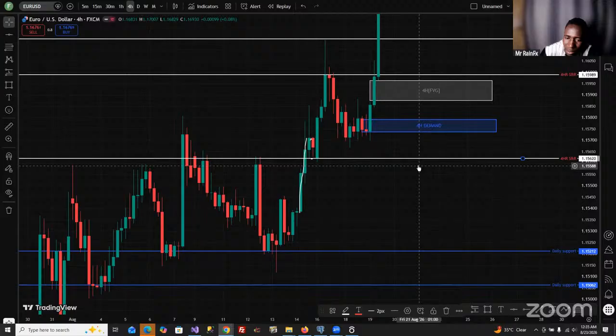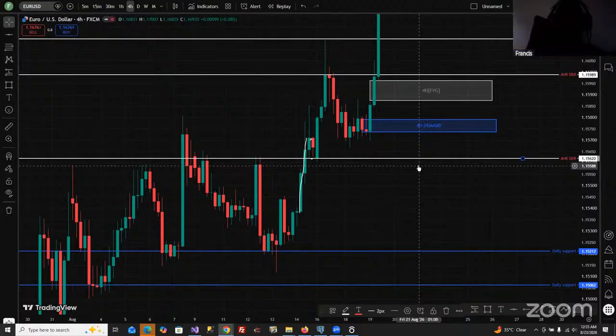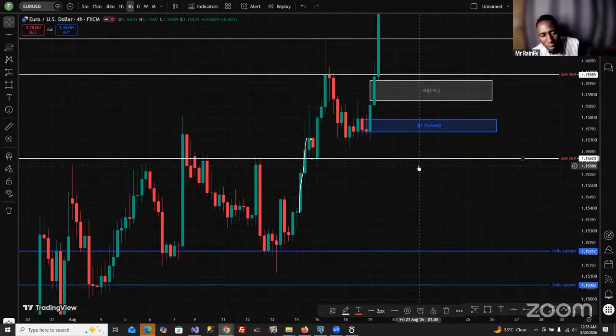So sometimes you might find these rally-base-rallies on the chart, and they are not as perfect as you see them in the books. That's why we normally say you look left. What is the information to your left? We have a base here, and then this was the base. You can either decide to put it here or here.